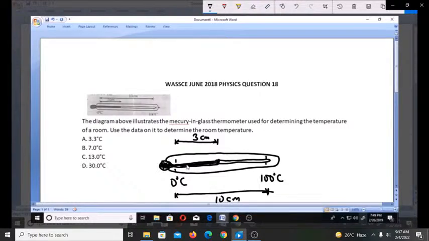So it's telling us that the total length of this mercury tube inside is actually 10 cm, but the level of the mercury here is 3. So what is the room temperature? And we know that the room temperature is around 25 degrees Celsius.